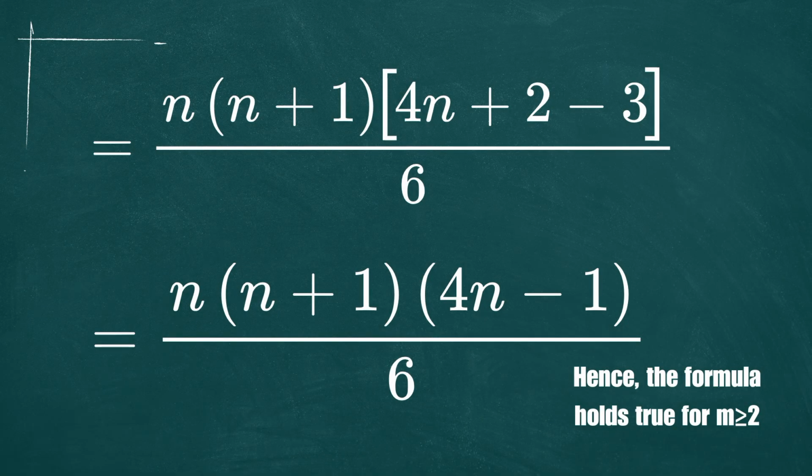We can simplify it further: 4n plus 2 minus 3 will become 4n minus 1, since 2 minus 3 is equal to negative 1. So our final answer is n times (n plus 1) times (4n minus 1) all over 6. Hence, the formula holds true for n greater than or equal to 2.